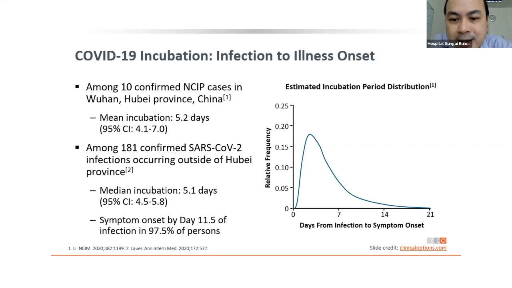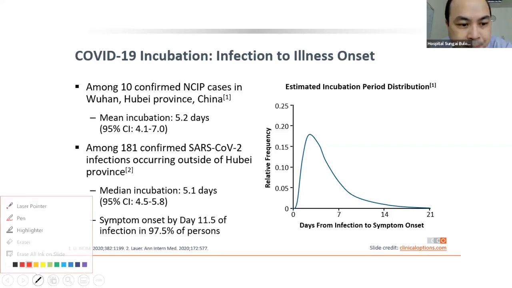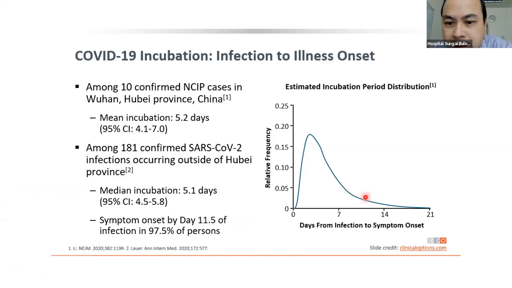Most people get their symptoms up to 7 days, so between today and Sunday, most people would have gotten their symptoms. By 14 days, more than 97% of people, if they were to catch COVID, would already have it.